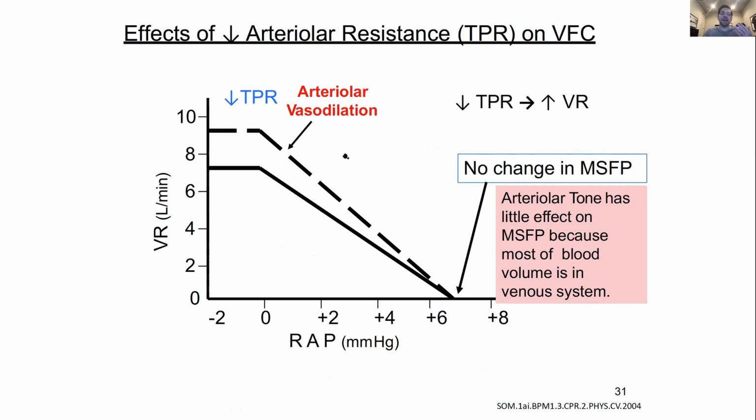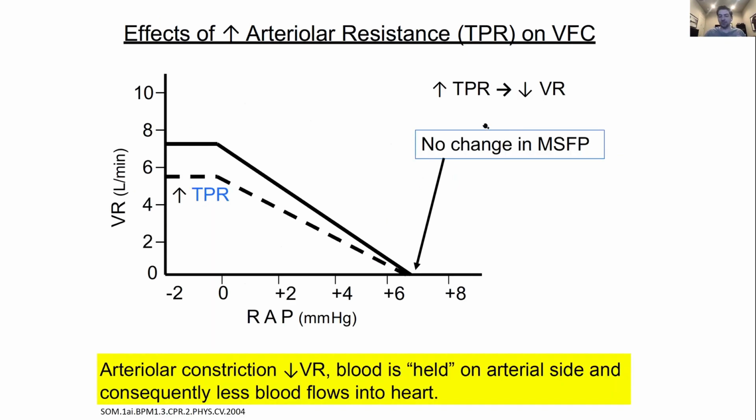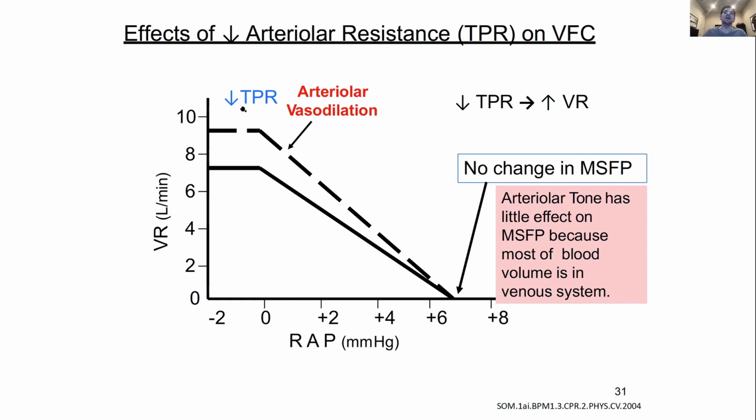Arteriolar vasodilation, as we said, if we constrict the blood vessels on the left heart, you're going to decrease venous return. And as you see here, if you vasodilate or arteriolar vasodilation, you're inevitably decreasing total peripheral resistance, right? Because you're vasodilating. So there's not as much resistance. The vessels are larger.